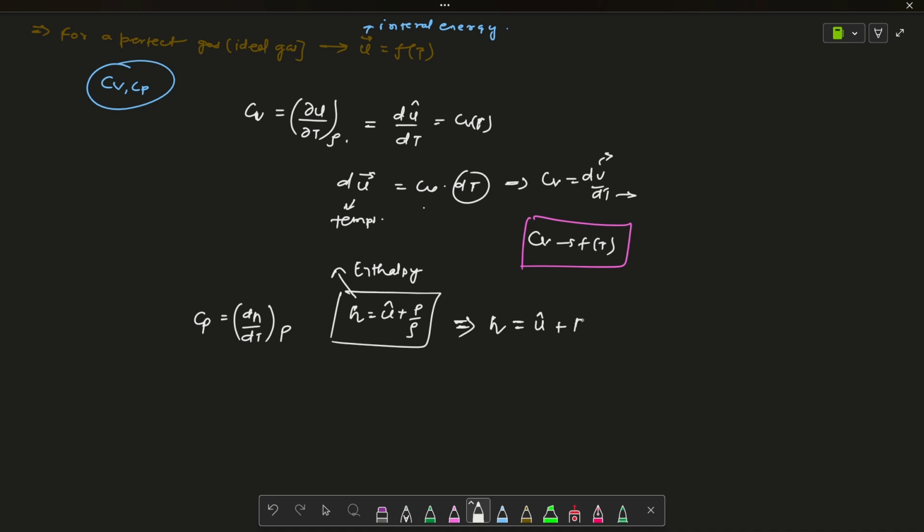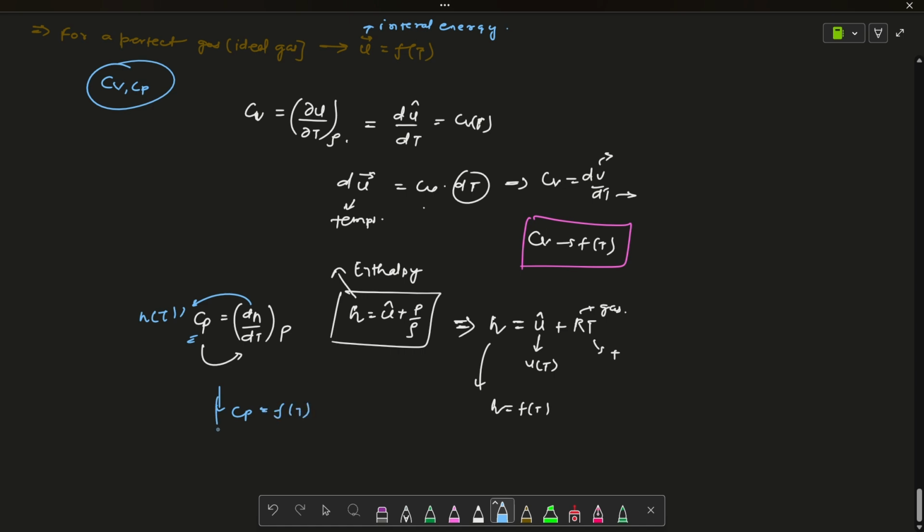So P by rho is equal to RT. Now see, R is a constant, so it doesn't depend on anything, and T is only temperature. That means we can say that H is only a function of temperature. Since H is a function of only temperature, Cp is also a function of temperature only.